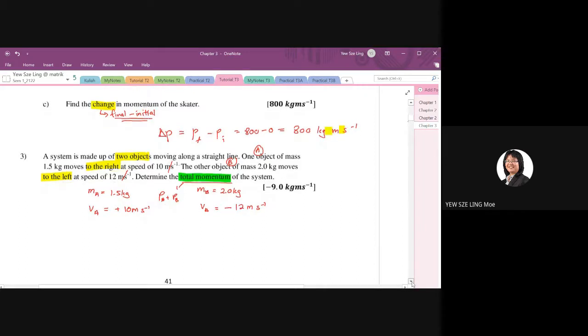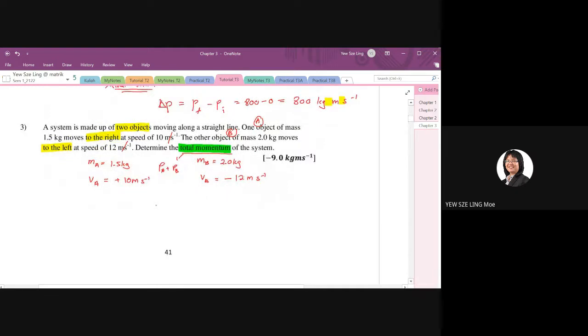All right. So total momentum, summation P, equals PA plus PB, which then equals MA VA plus MB VB. All right. Therefore, what do you have? You have MA, which is 1.5, and then 10 meter per second, plus 2 kg, and then negative 12.